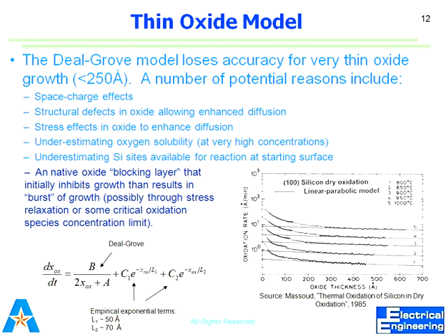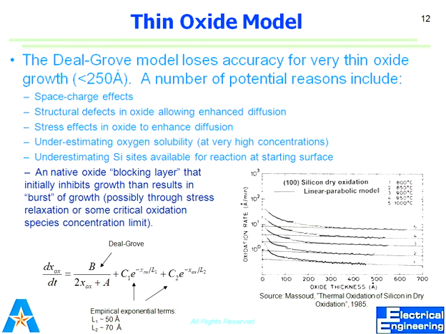At very thin layers, maybe less than 30 nanometers, it will give you less oxide thickness, but experimentally you will find a thicker layer than what the Deal-Grove equation gives you. So for the initial 300 angstroms, the Deal-Grove method does not work well.